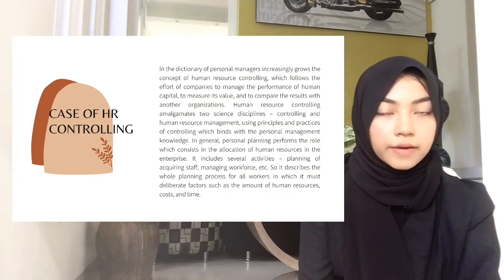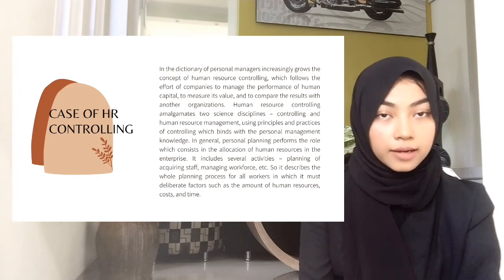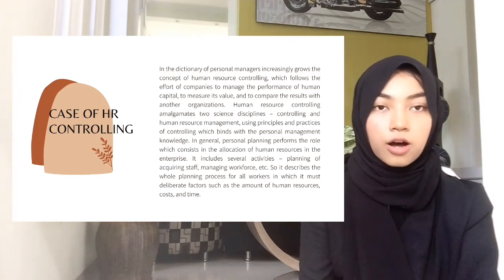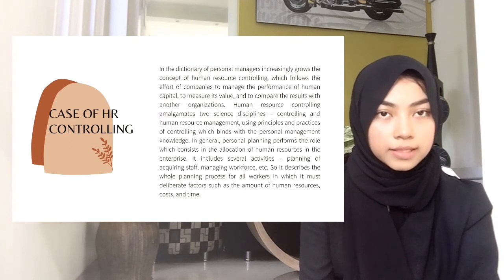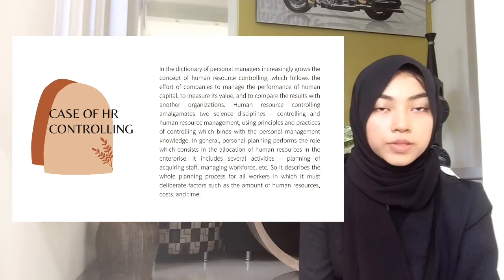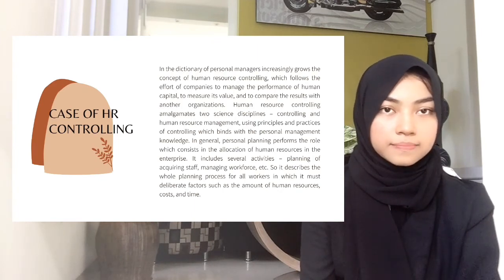It includes several activities: planning of acquiring staff, managing workers, and etc. So, it describes the whole planning process for all workers, in which it must deliberate factors such as the amount of human resource, cost, and time.